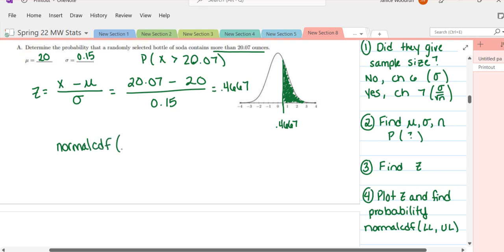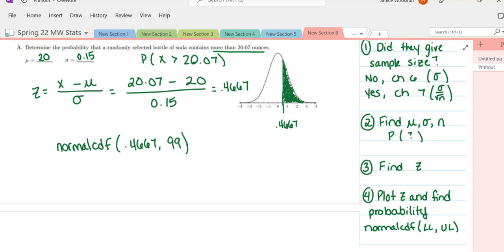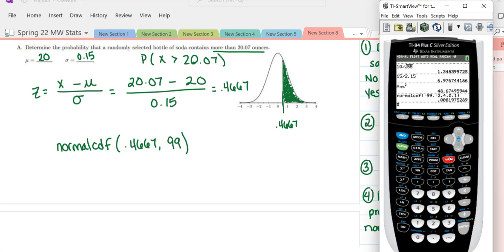And I'm going to do a lower limit of 0.4667 and an upper limit of 99. Paste. That's going to give you 0.3206.